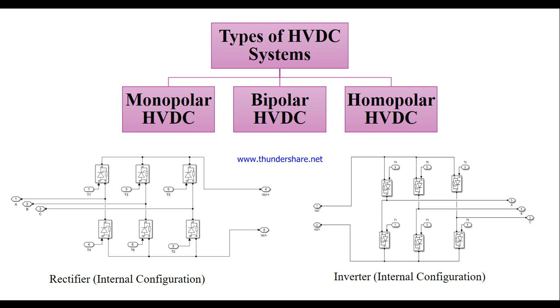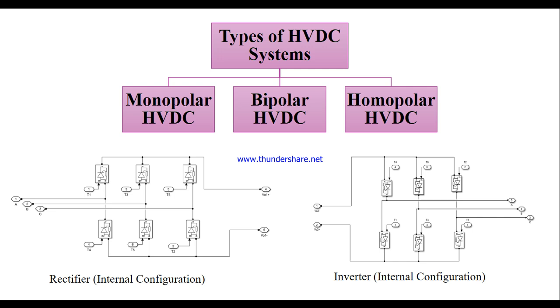In this experiment we are going to use bipolar HVDC for our system, which consists of a 6-pulse bridge configuration for both converter and inverter. This means 6 thyristors for the rectifier and another 6 thyristors for the inverter.